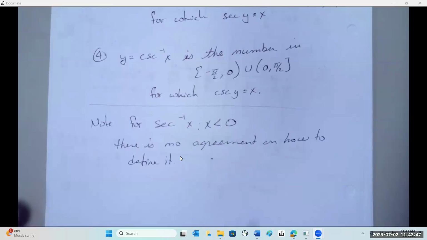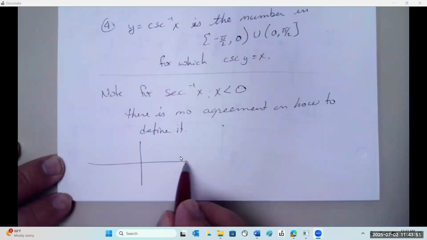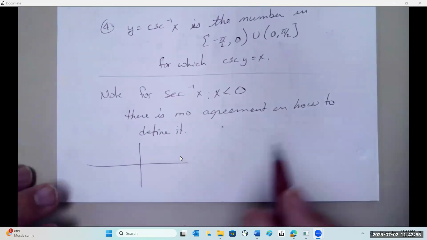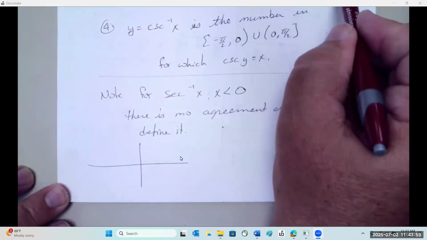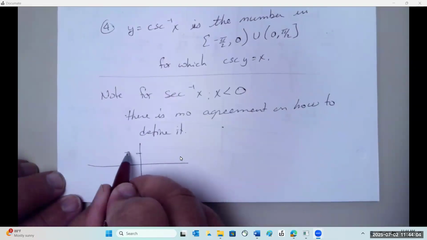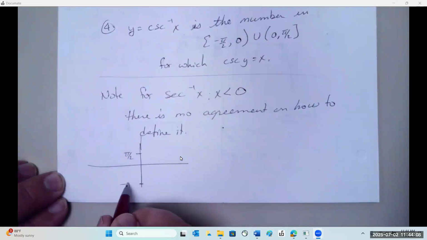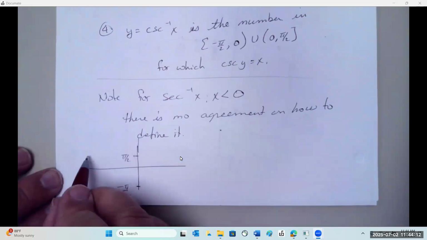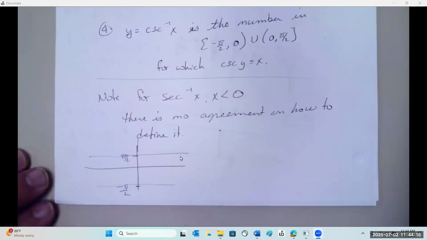Because the graph of this inverse secant, remember, for the secant, it's between 0 and pi over 2, and then pi over 2 to infinity. So at pi over 2, and at negative pi over 2, we have our asymptotes up here and here.